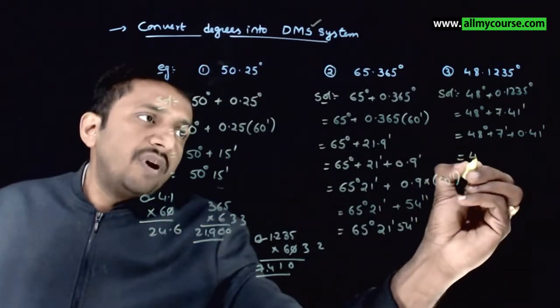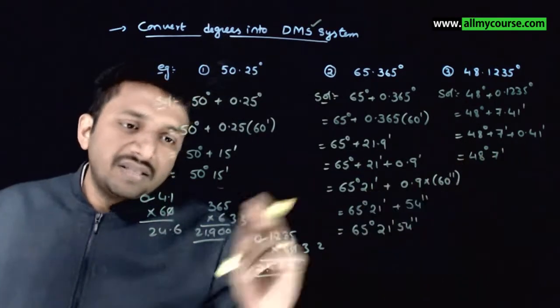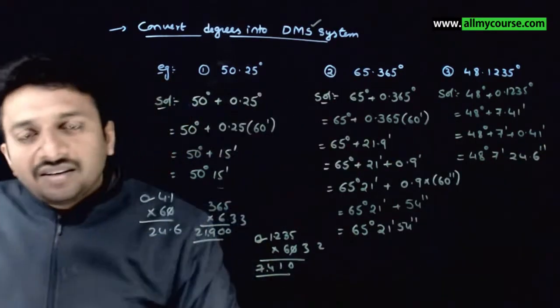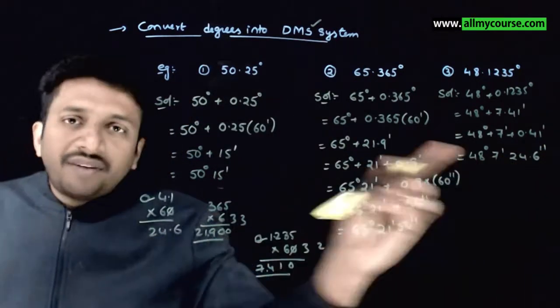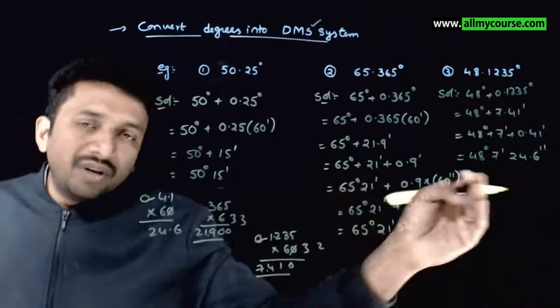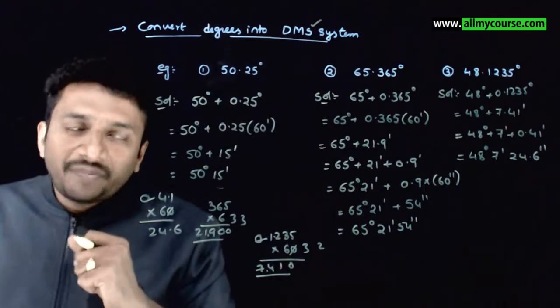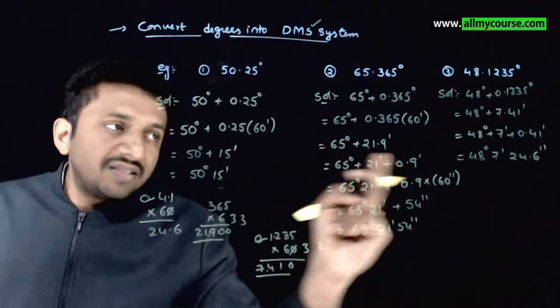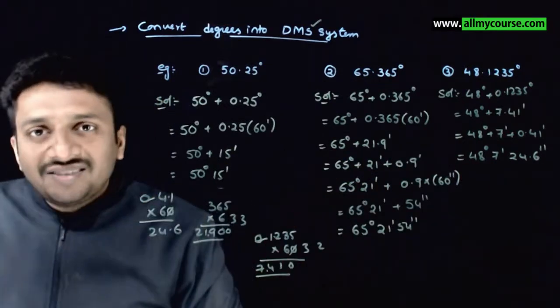So that is equal to 48 degrees 7 minutes and 24.6 seconds. You have a fractional second here, but you have to leave it there. You cannot go further because DMS stops at seconds. So 48.1235 degrees is 48 degrees 7 minutes 24.6 seconds.